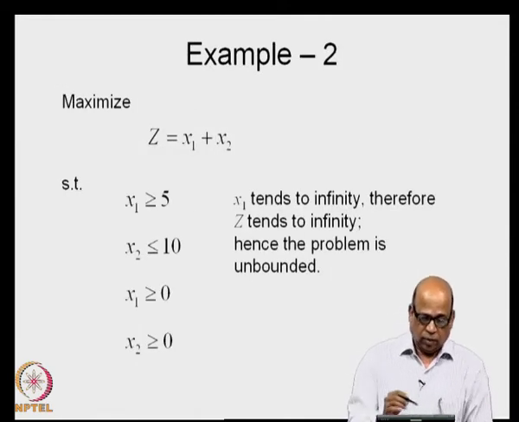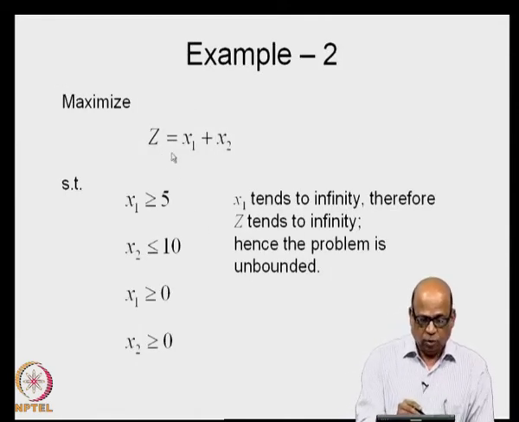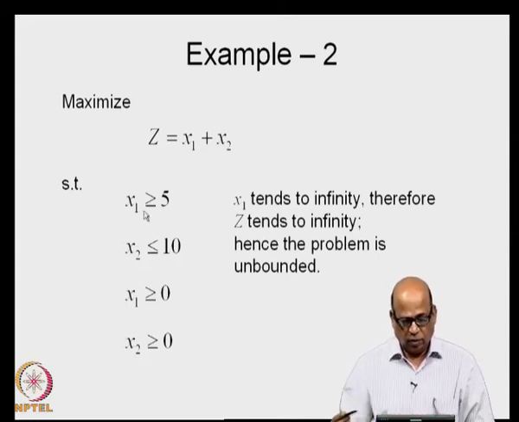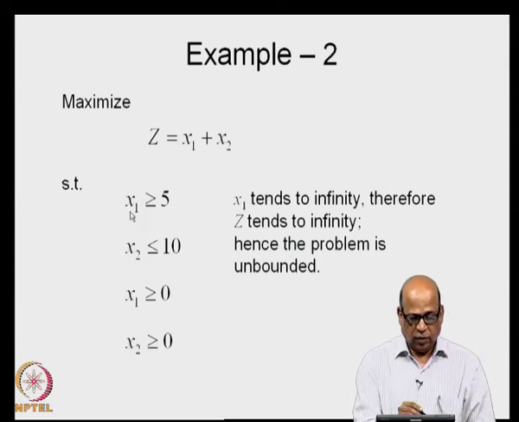Let us look at this example. Z is equal to x1 plus x2. We will write x1 greater than or equal to 5 and x2 less than or equal to 10. Just looking at the problem, you know that it is an unbounded solution, because this constraint says that x1 is greater than or equal to 5 and there is no other constraint which will restrict the variable x1.